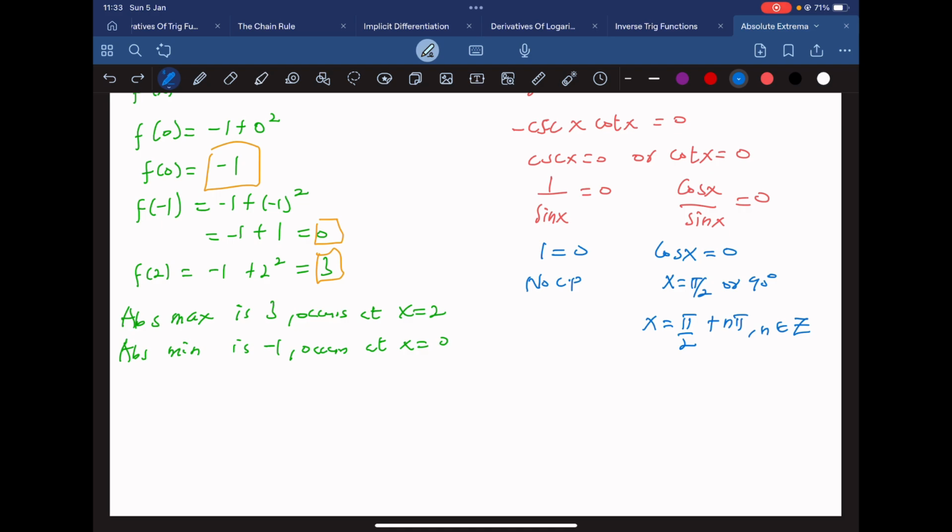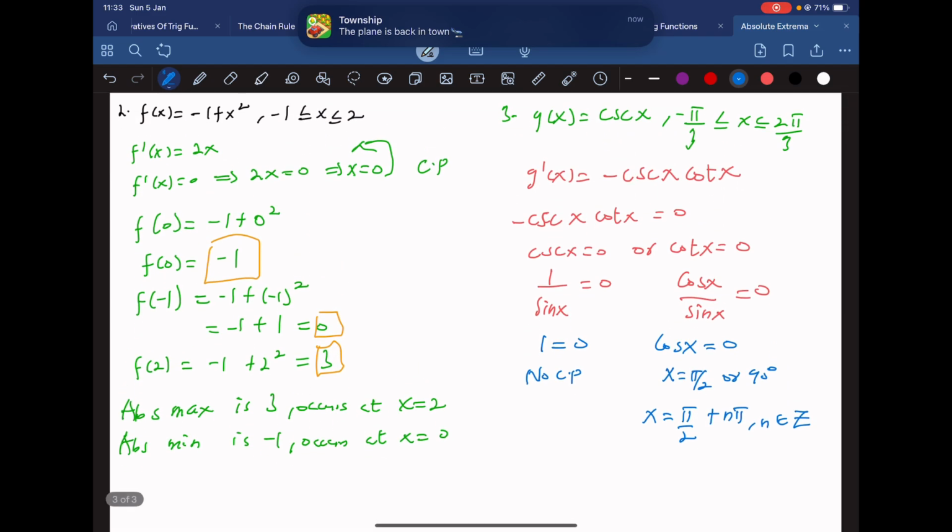So basically what this means is when we have pi over 2 is 90, right? Then when n is, for instance, 0, we have just 90 degrees, cos 90 is 0. When n is 1, we have 1 times pi, which is 180, so 270, cos 270 is also 0. So if we keep on multiplying, we are going to get 0. If we choose the negative values as well, you also get 0. But we have a condition. We have this interval.